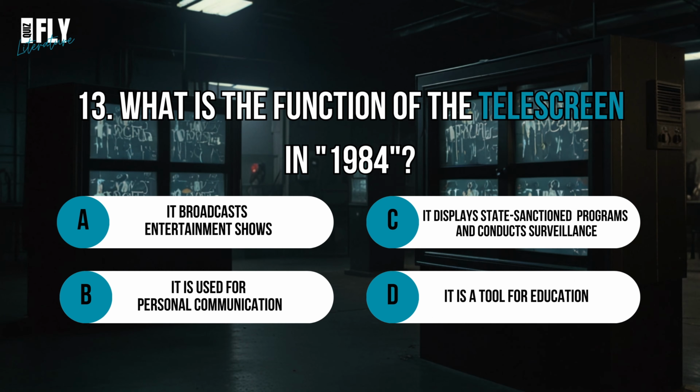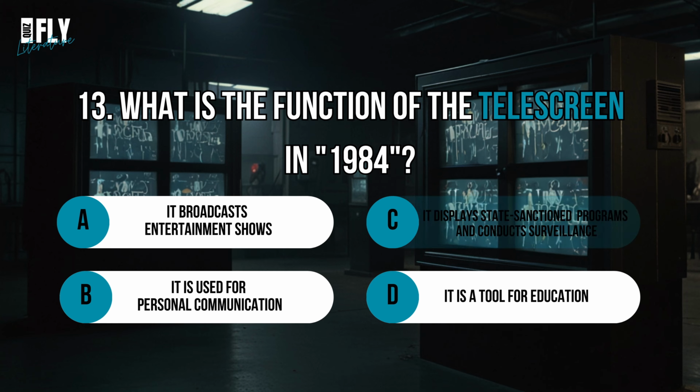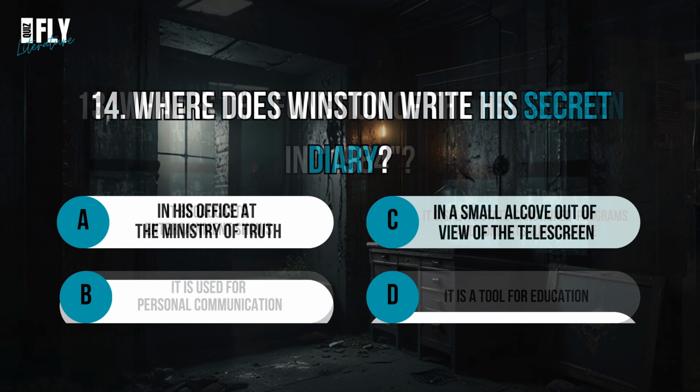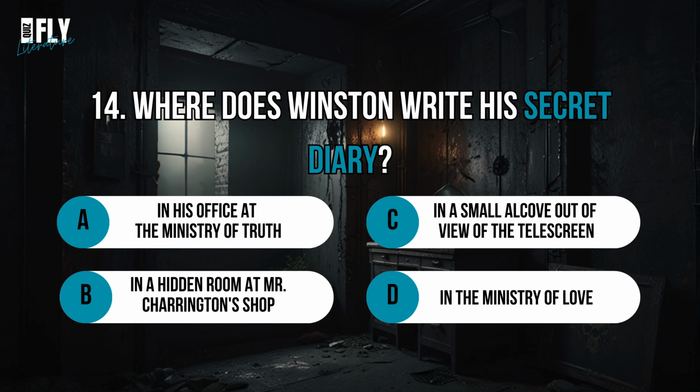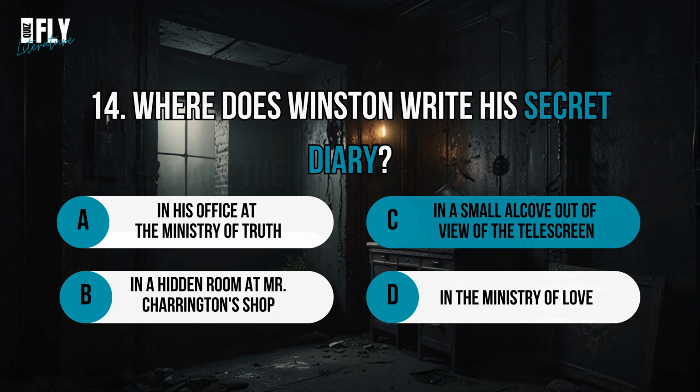What is the function of the telescreen in 1984? It displays state-sanctioned programs and conducts surveillance. Where does Winston write his secret diary? In a small alcove out of view of the telescreen.